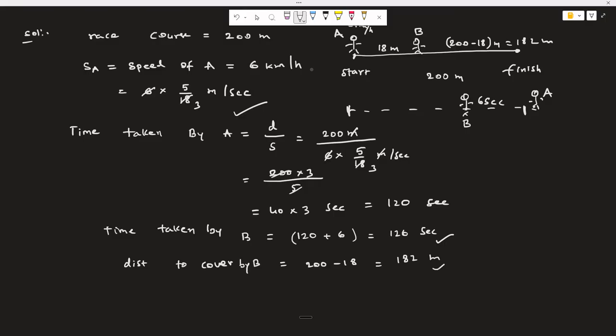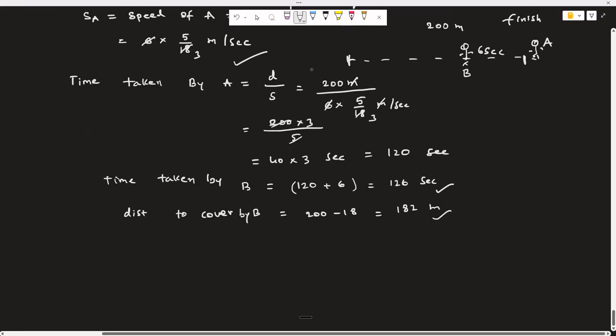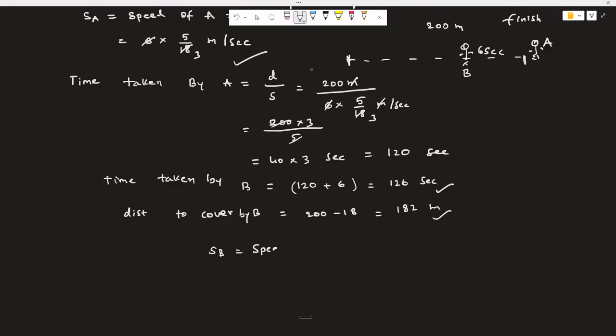Now we have two parameters, distance and time. Speed of B is equal to distance by time, so 182 by 126 meters per second, but we need it in kilometers per hour.